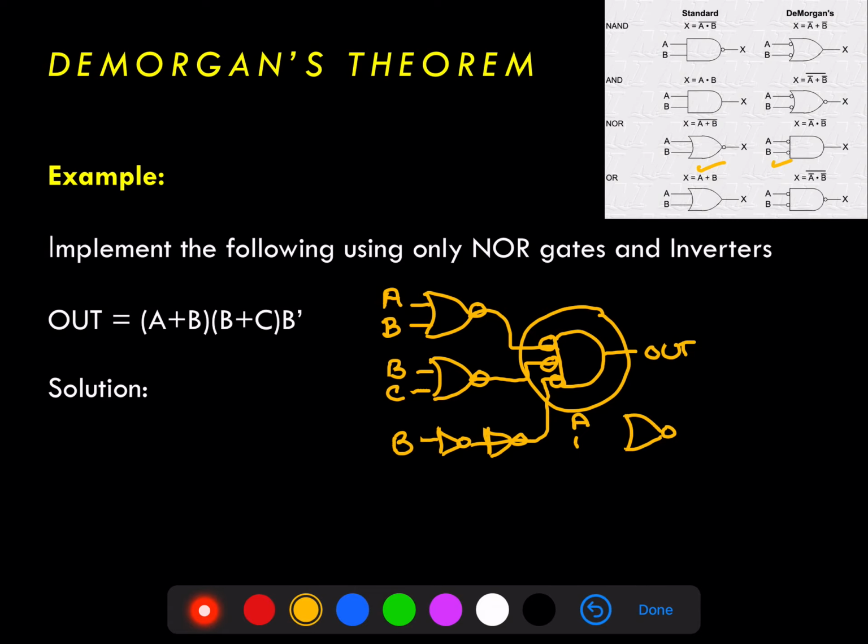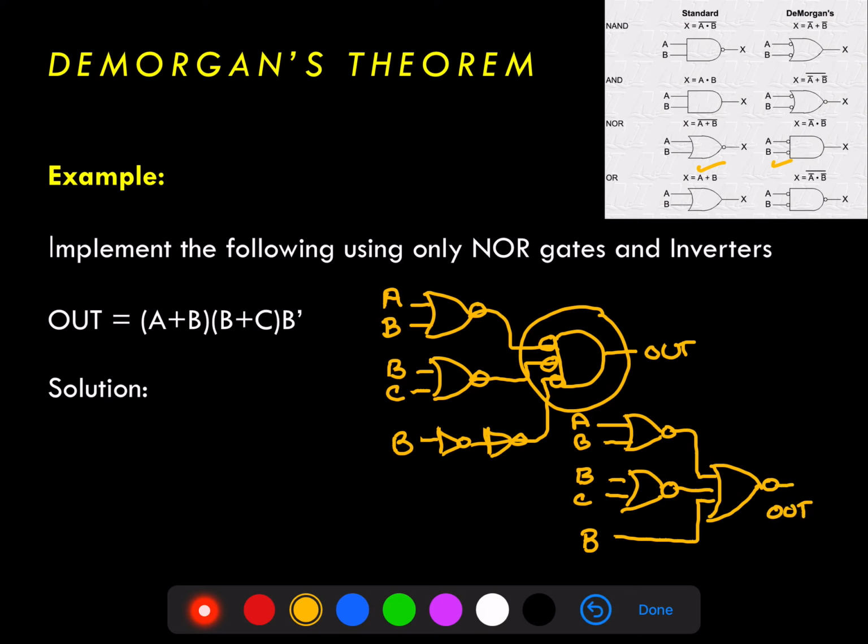We'll NOR A and B together, and then B and C together. And finally, B is inverted twice, which is equivalent to just B. And in the second stage, we'll have a single NOR gate replace the AND gate with inverted inputs.